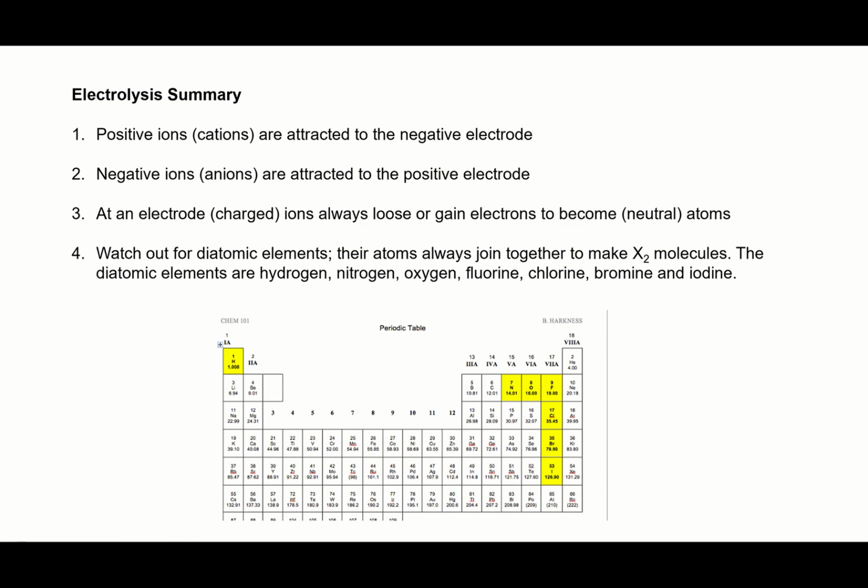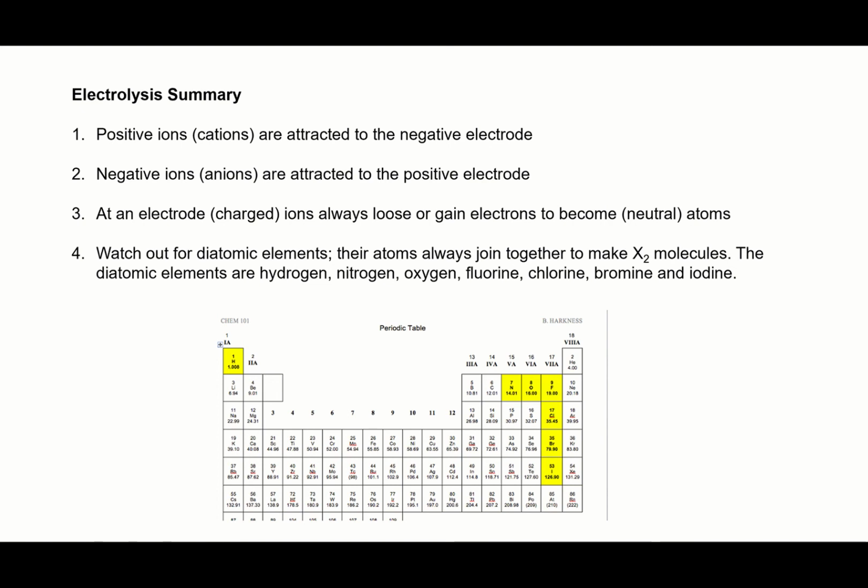To summarise, positive ions, cations, are attracted to the negative electrode. Opposites attract. Negative ions, anions, are attracted to the positive electrode. Again, opposites attract. At the electrode, charged ions always lose or gain electrons to become neutral atoms.